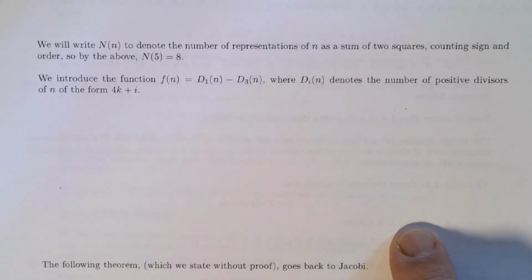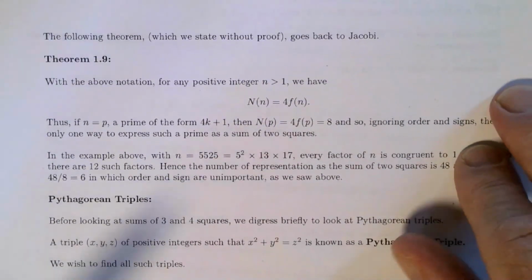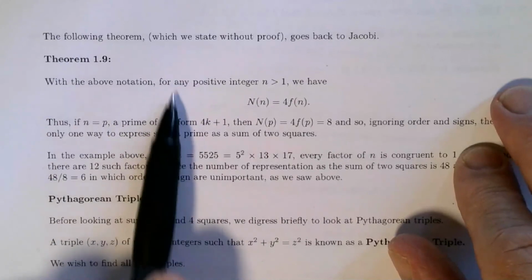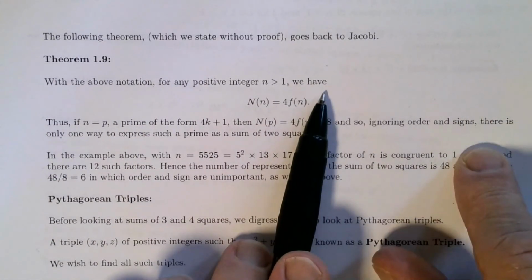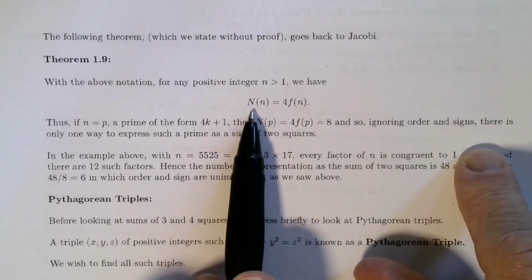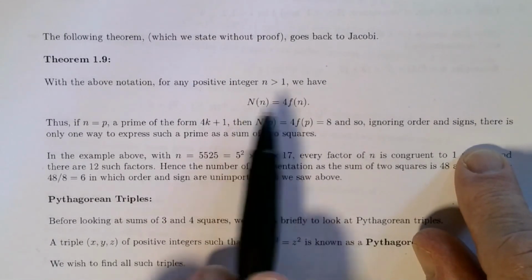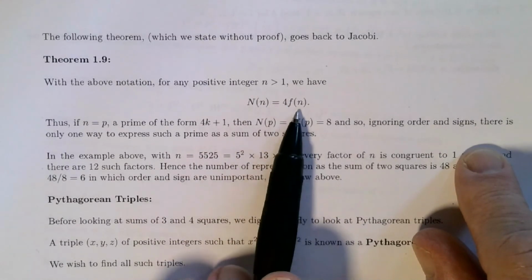Finally then, we have the following theorem, which goes back in fact to Jacobi. Using the above notation, for any positive integer n bigger than 1, this n of n, the number of ways of representing n as the sum of two squares, counting sign and order, is 4 times this function f of n that we saw above.